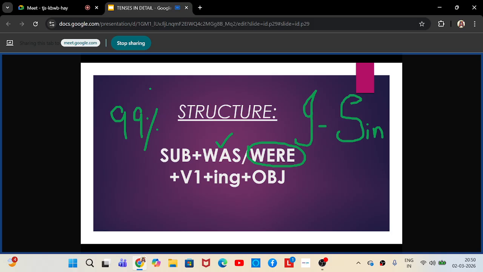So, what is meant by the word hypothetical or imaginary? That was actually not possible, but we are just imagining ourselves in that situation. That's it. We are simply imagining that if this happens or if this had happened, it would have been good.